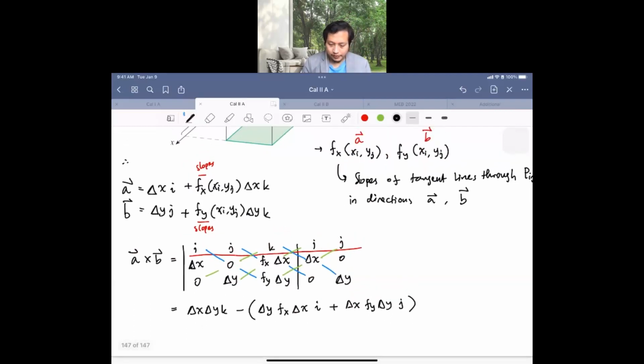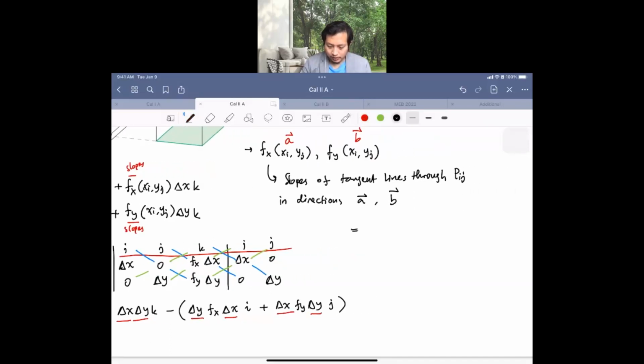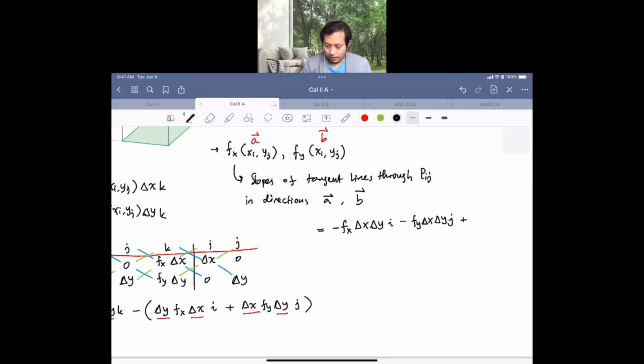Now we have all terms with delta x delta y. Let me write it more clearly: that is minus partial x delta x delta y i minus partial y delta x delta y j, plus delta x delta y k.